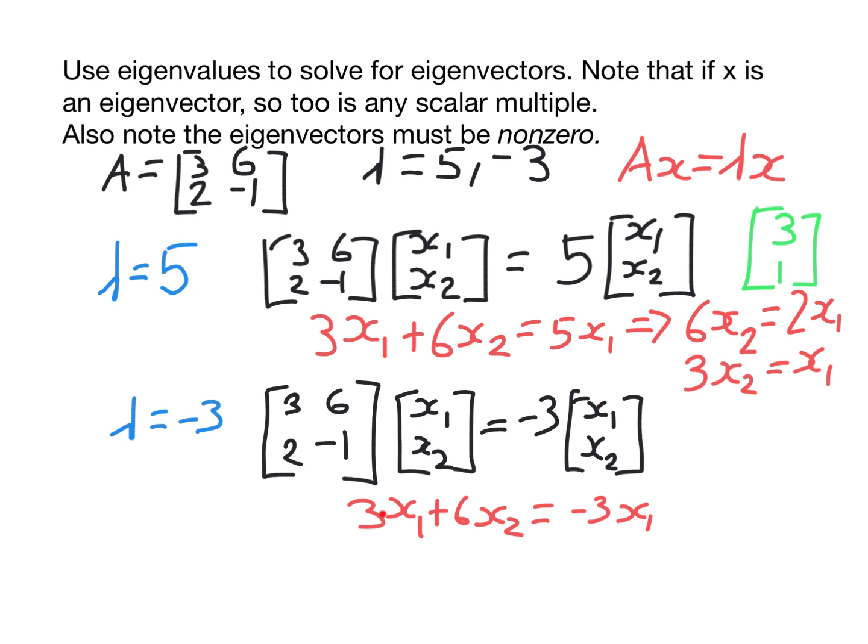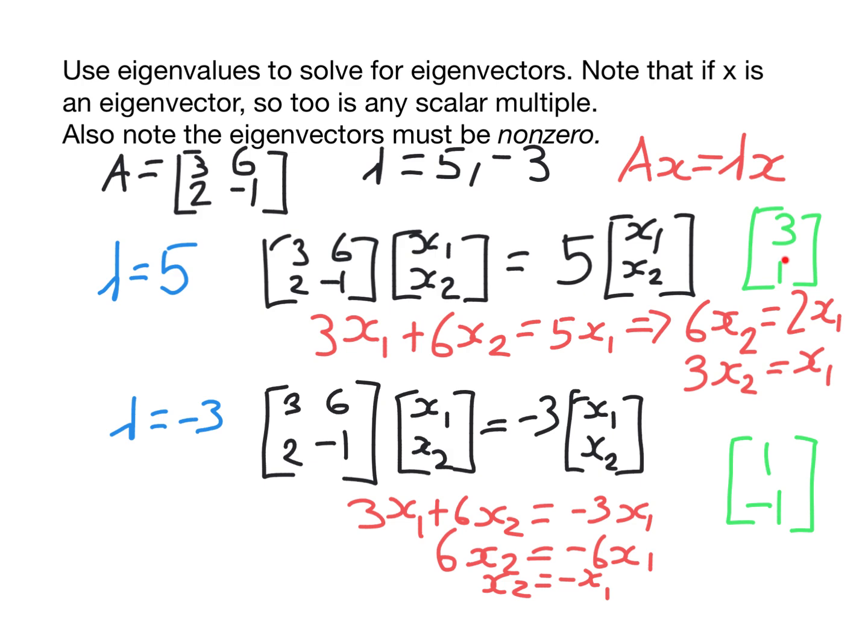So if I subtract 3x1 from both sides, I get 6x2 equals negative 6x1, or in other words, x2 equals the negative of x1. So this just tells us that our vector will be an eigenvector as long as whatever the first entry is, the second entry is just the negative of that. Again, any scalar multiple of this will also be an eigenvector. We just try and choose the vector with the lowest possible whole numbers.